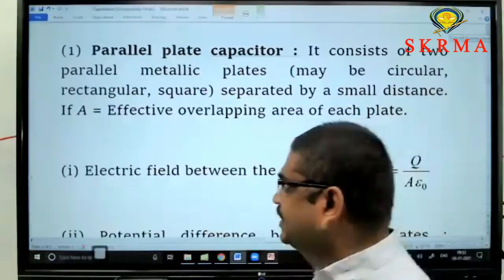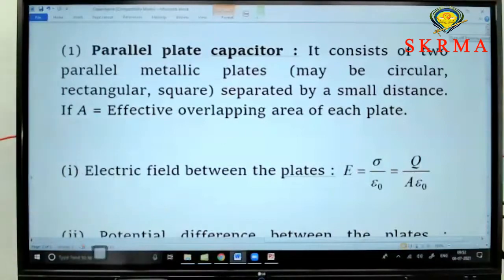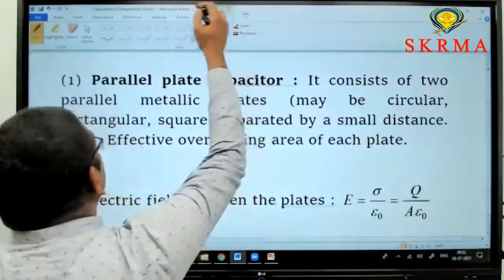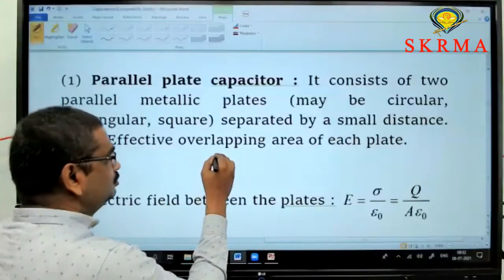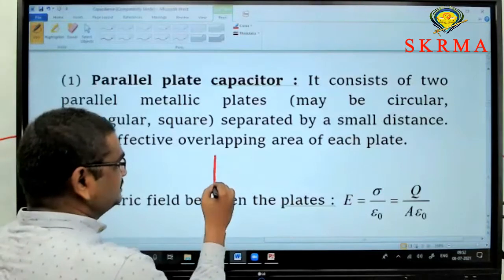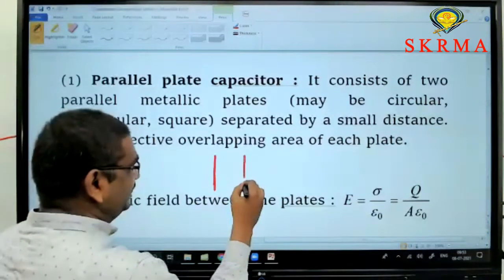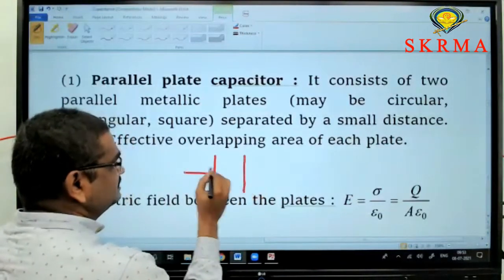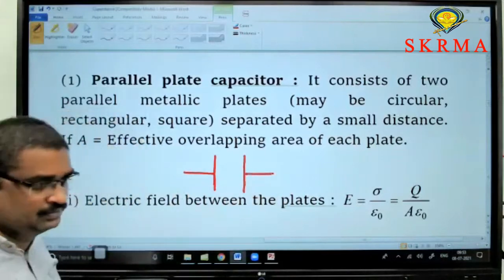So, parallel plate capacitor. Let's go through this one. What is a parallel plate capacitor? It consists of two plates, separated by some finite distance and arranged parallel to each other.